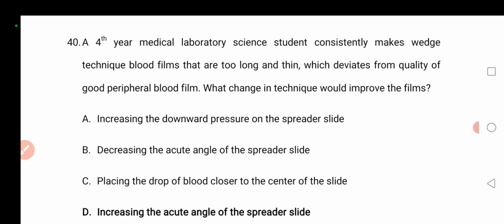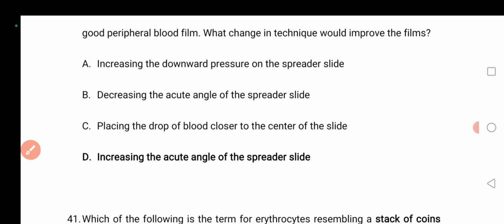When the angle increases, the thickness will increase and the length of the smear will decrease. But when we decrease the angle, the length of the smear will increase and the thickness will decrease. So to increase the thickness, we should increase the angle. So the correct answer is D.